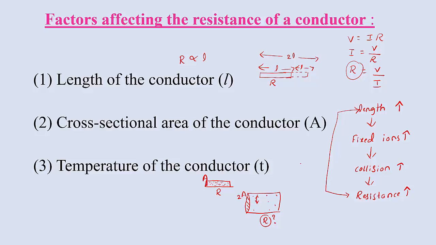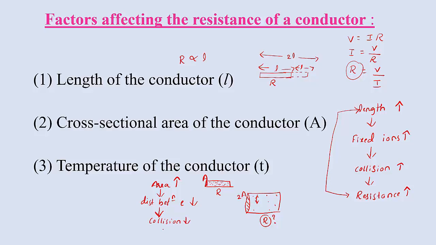So you can see here, when the area of the conductor increases, the gap between electrons increases, so there will be less collision.